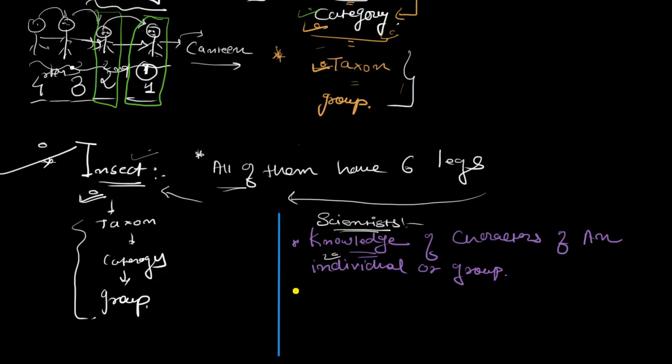Now why is it needed to classify things? What matters if you don't do that? The thing is that classifying helps you in identifying and seeing the differentiation between them, that this is an insect and this is a bird.